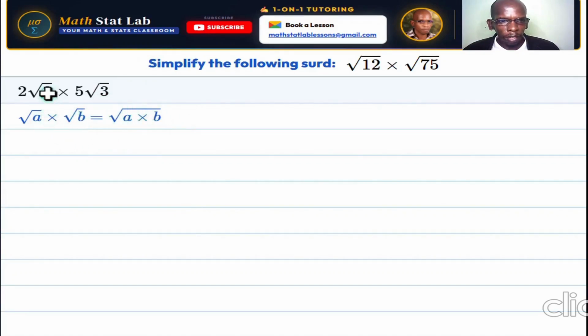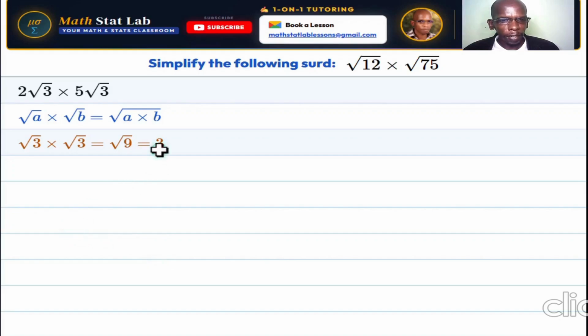So 3 multiplied by 3, then the root. 3 by 3 is 9, and the square root of 9 is 3.